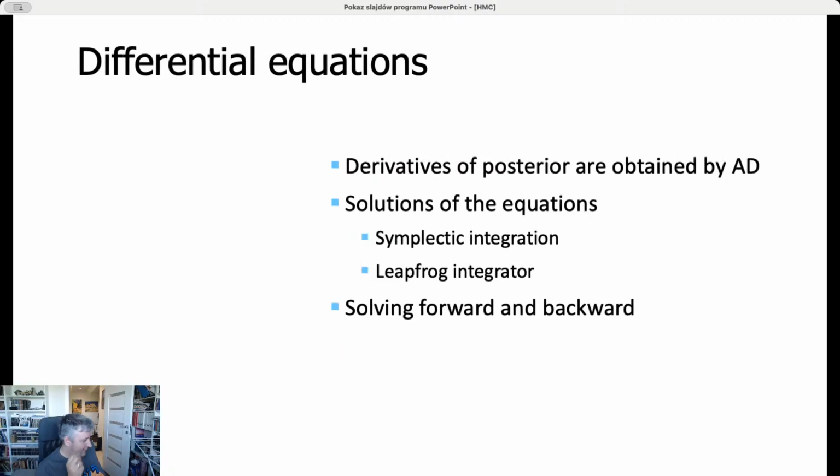Well, fortunately, there is something called automatic differentiation. Something that was developed practically thanks to the deep learning revolution. There were multiple frameworks for automatic differentiation that transform that when you put equations, for example in Stan, using symbols, those symbols are converted to a certain graph.